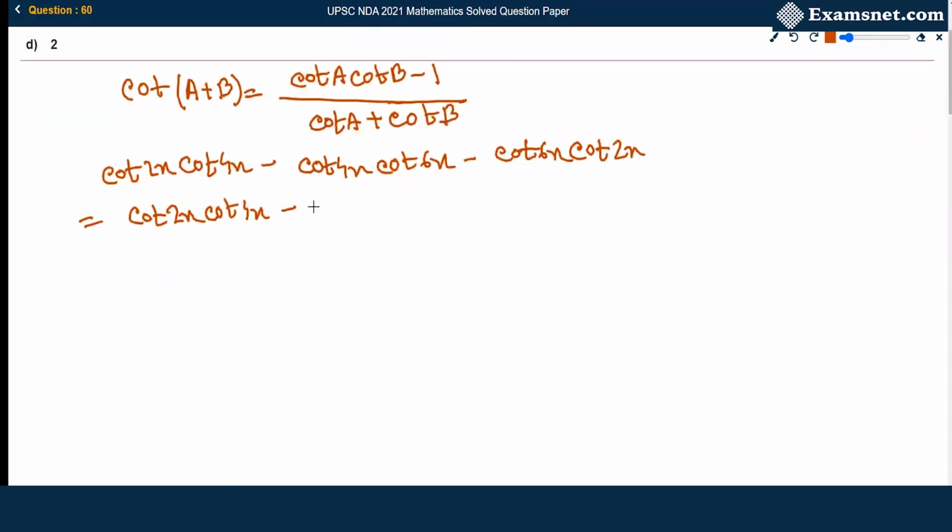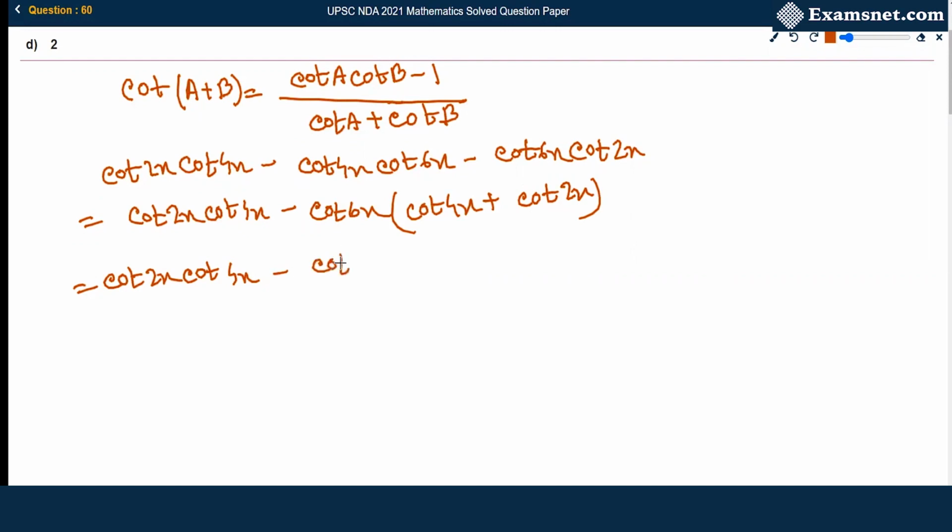It will become cot 6x times cot 4x plus cot 2x. Next, minus cot 6x. Look, 6x can be split into 4x plus 2x, right?